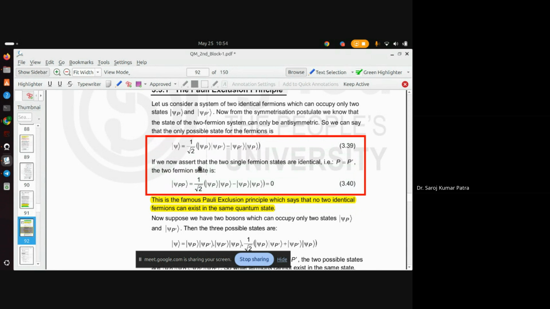If now we assert that the two single fermion states are identical, अगर हम बोल रहे हैं कि दो fermion states identical हैं, तो मतलब p और p prime same हैं, तो ये क्या हो जाएगा, psi p, यहाँ पे भी होगा psi p, so that will be equal to 0.